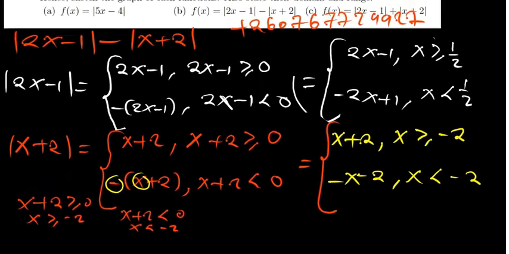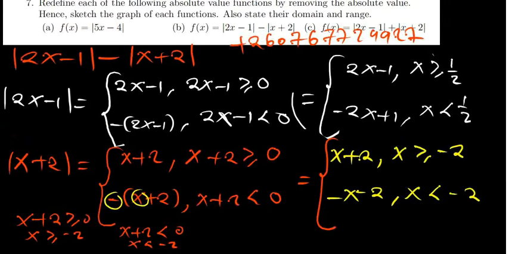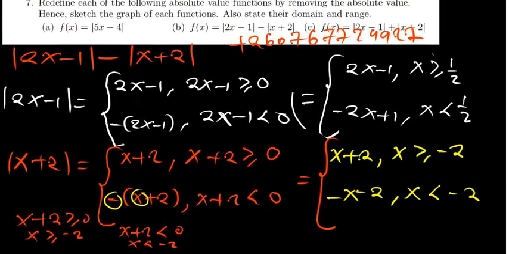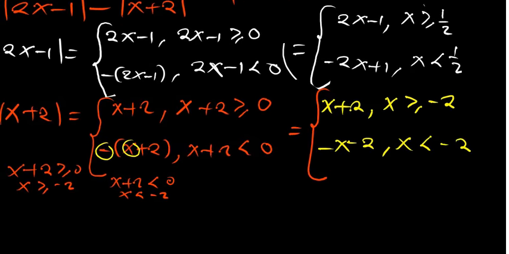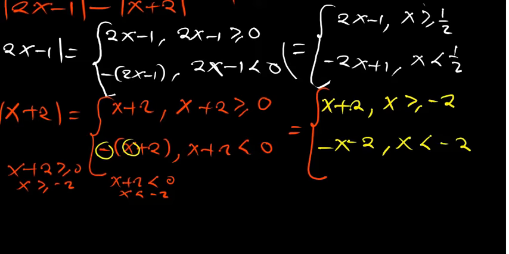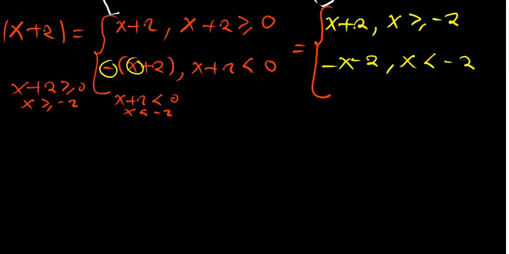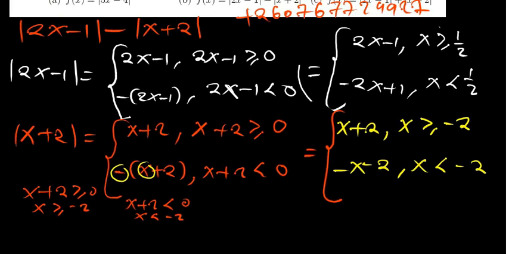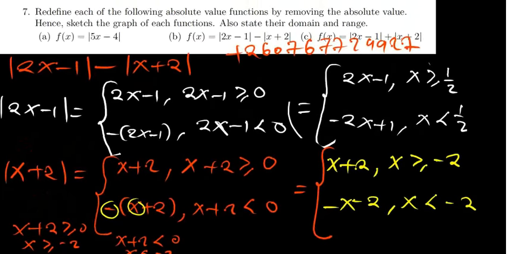Let me just put it here. I can even put it here, or I can go to the next page. Why am I even struggling myself? So this is what I'm going to do now.